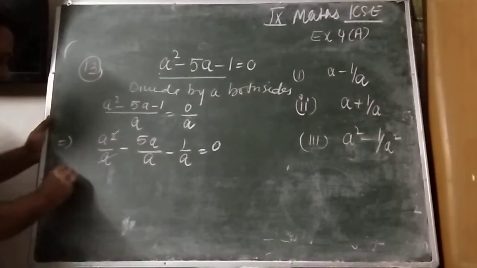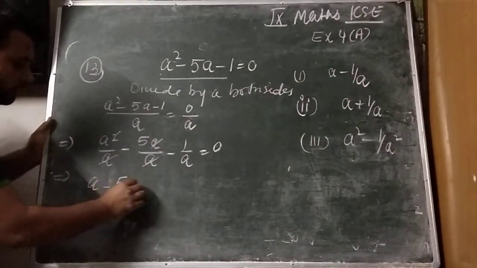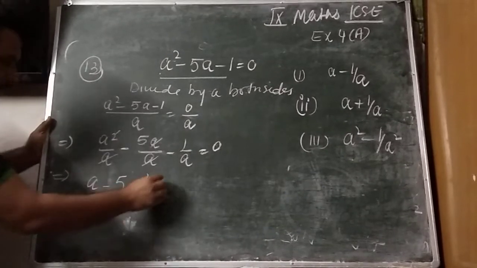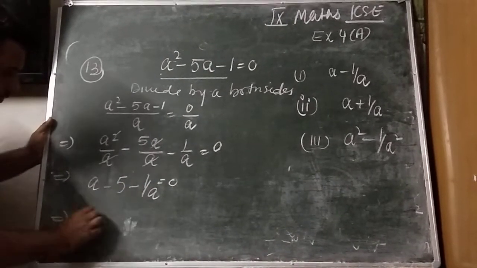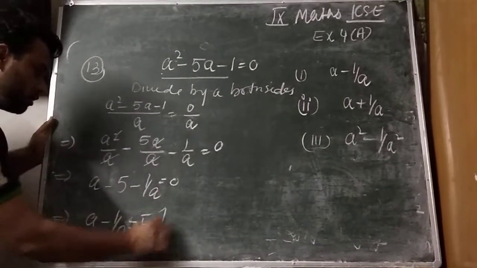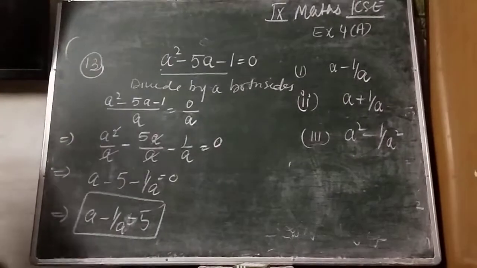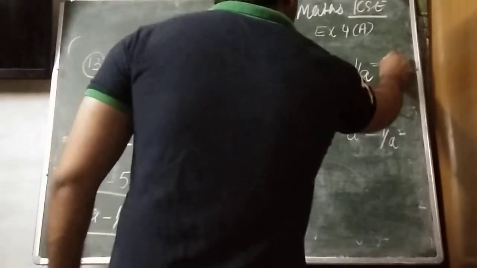This cancel. Here we get a, cancel. Here we get 5. Here we get 1 by a equal to 0. So a minus 1 by a एक तरफ रख लो और take 5 other side. So here we get the value of a minus 1 by a, that is 5. So the value of a minus 1 by a is 5.